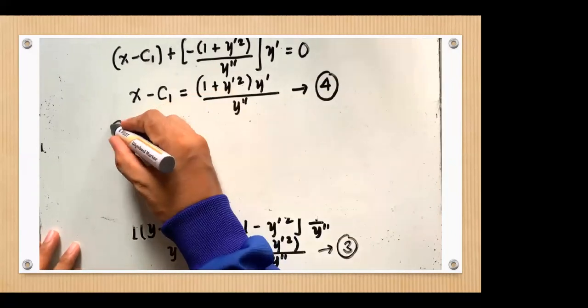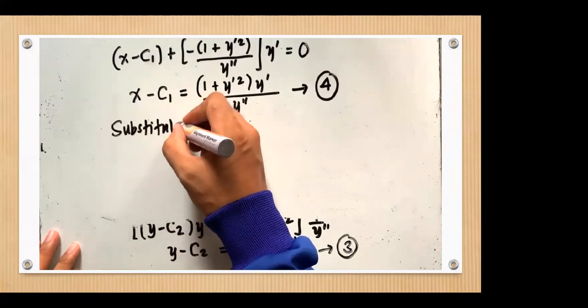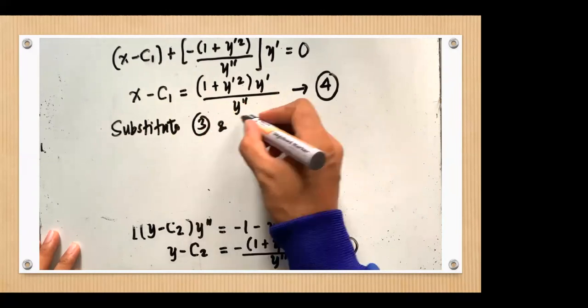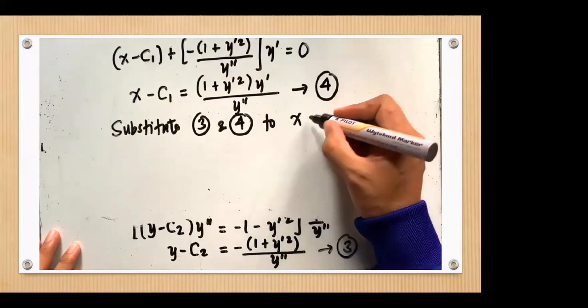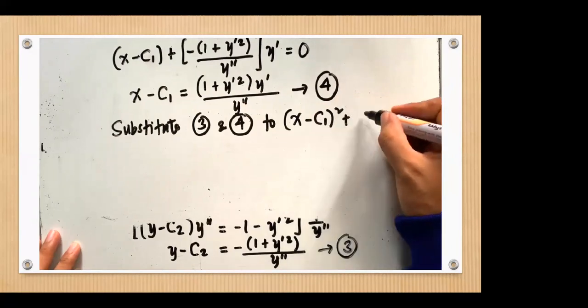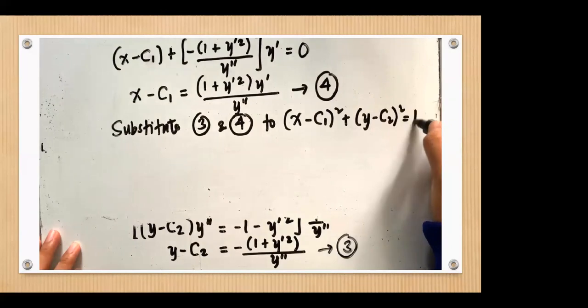Now I have the last two equations, 3 and 4. So I will substitute equations 3 and 4 to the given problem, which is x minus c sub 1 raised to 2 plus y minus c sub 2 raised to 2 equal to 1.